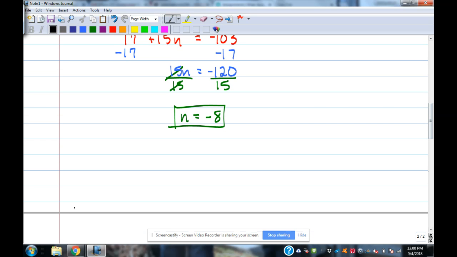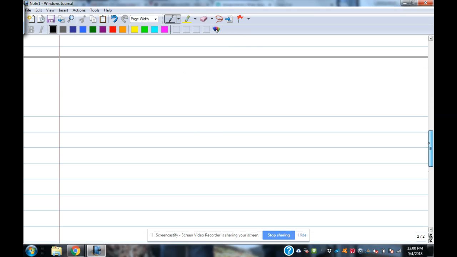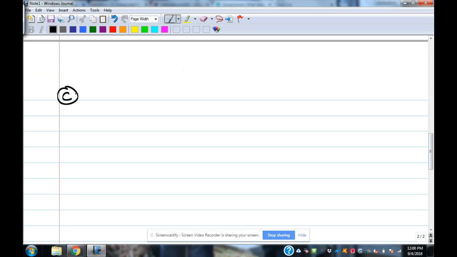Let's do example C. Negative 8, parentheses, 7v plus 2, close the parentheses, equals negative 128. A little shorter problem. What do we do first?